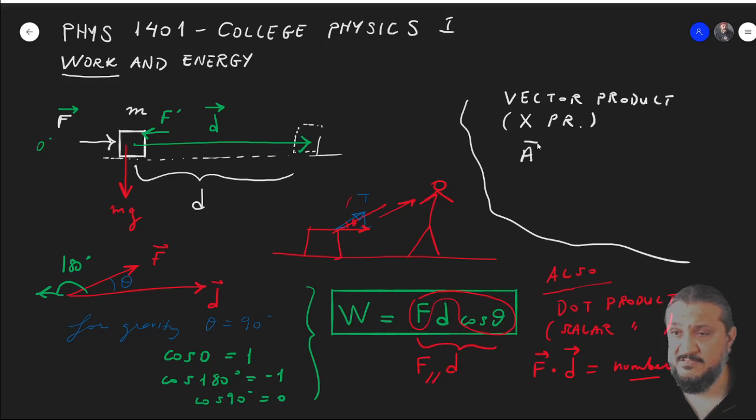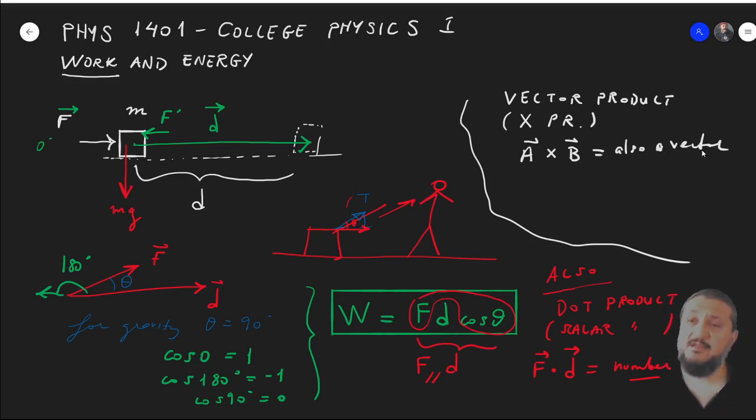Like two vectors, A cross B. The answer will be a vector also, the third vector, and this vector will be perpendicular to both A and B. So call this C, for instance.